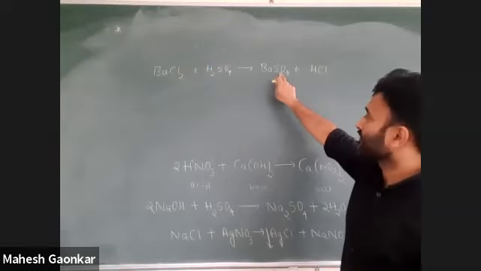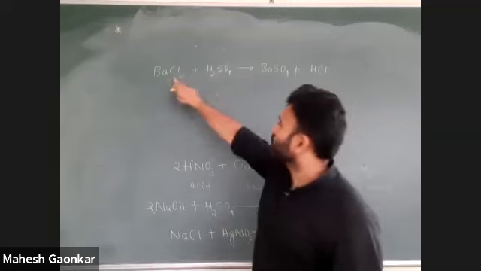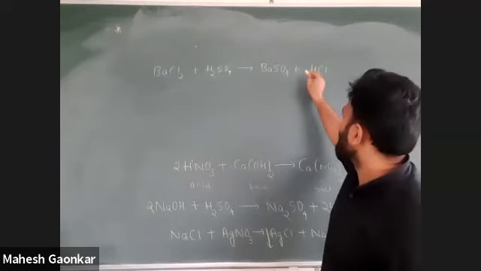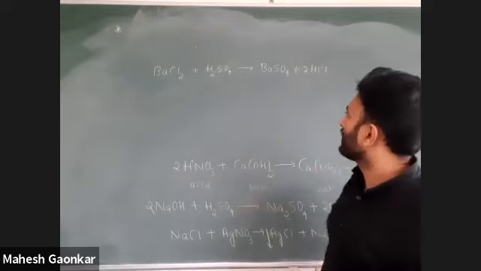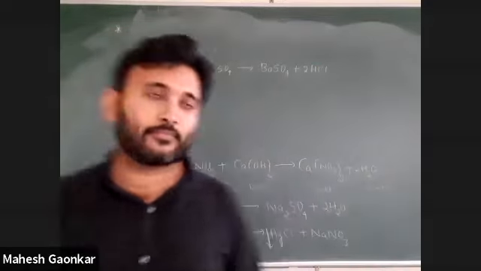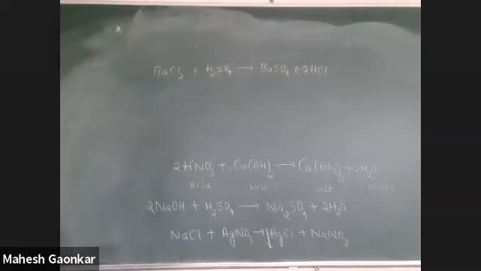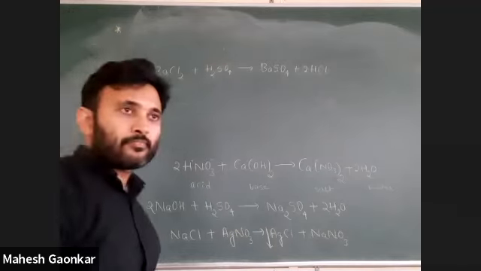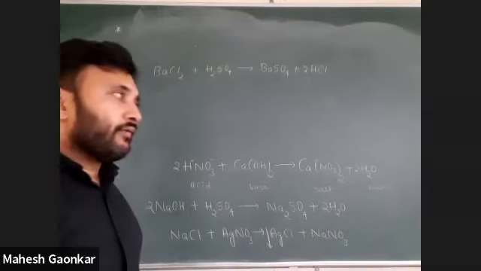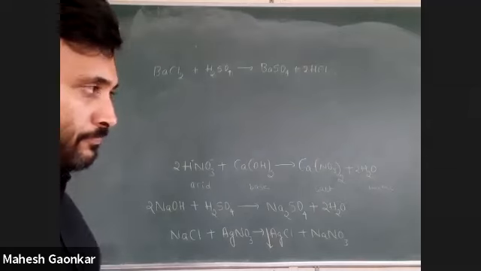Therefore, SO4 came, and Cl2 displaced. That means here only one Cl, and 2H here. Balance? Yes, sir. Next question. We move on to the seventh question.